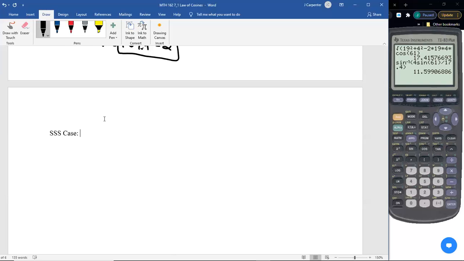So it's the side case. If you end up doing an inverse sine of an angle bigger than 90, your calculator is gonna give you a wrong answer. That's still a possibility here. So to avoid that possibility, what we wanna do is always find the angle opposite the largest side first.